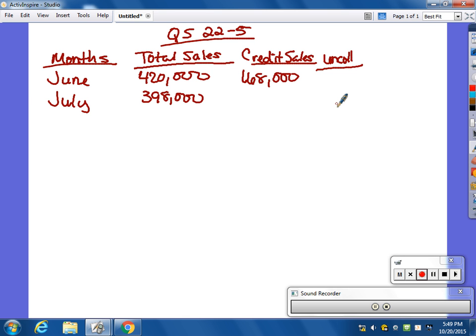Why are we saying that it is 40%? It is 40%, besides the fact that 40 being subtracted from 100 leaves 60% cash sales. Think about it for a minute. Read it again.